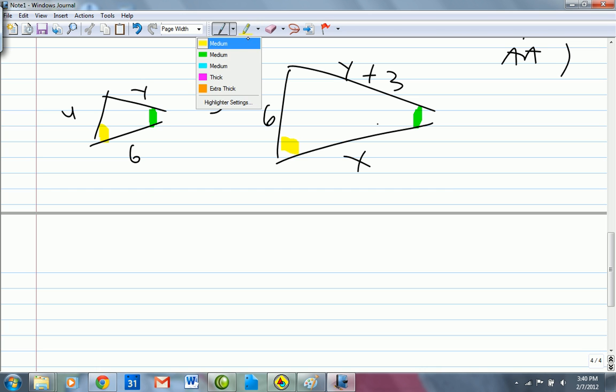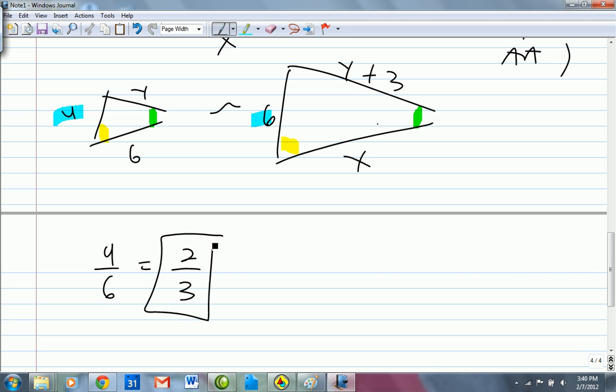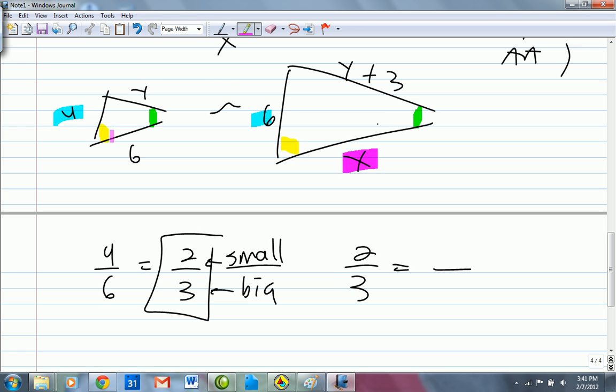I'm going to try to find the scale factor. I'm going to use 2 sides for which I know the lengths, and so that's 4 to 6, which is the same thing as 2 to 3. That's a scale factor that has to be preserved. So the ratio of small to big, corresponding side, is 2 to 3. If I want to solve for this x right here, I use the ratio of small to big, and the side that corresponds with this side of x is this side of 6.